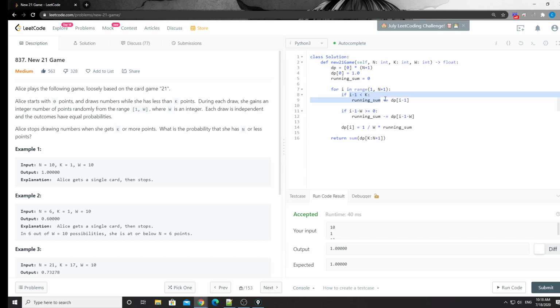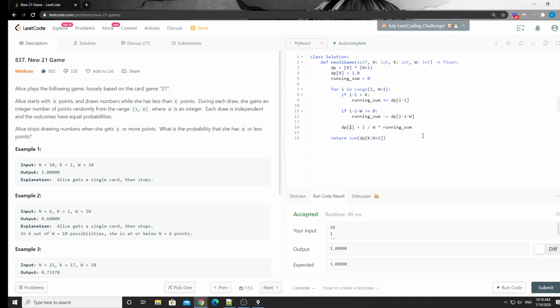To add more probabilities, we have to check if the ones we're going to add here are less than K, because if it reaches K, it means that we will not draw any cards. Basically, you cannot go from this DPI minus 1 to our DPI here, because there's no way you can draw a card once you reach K.